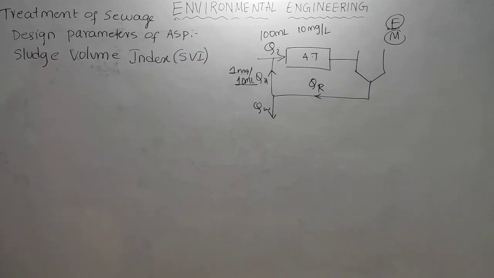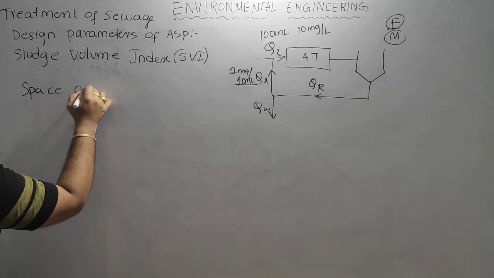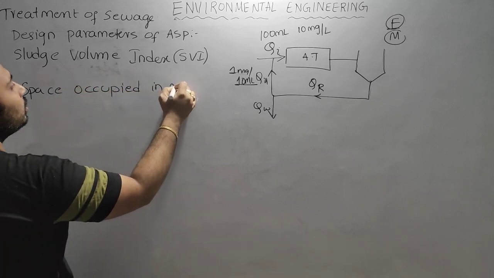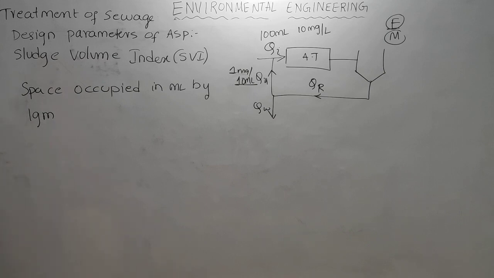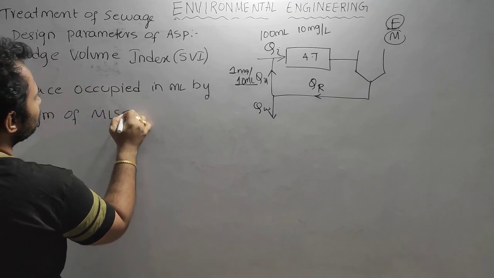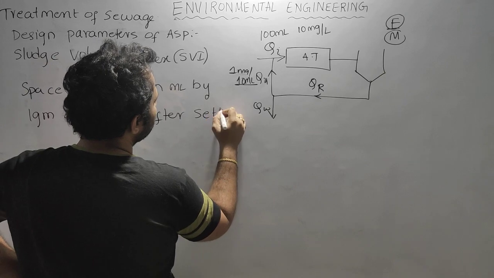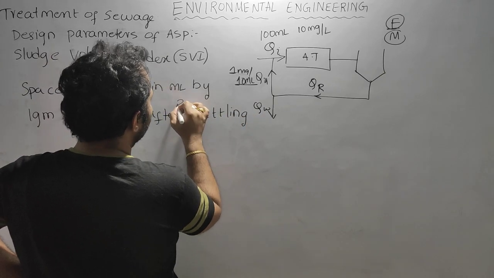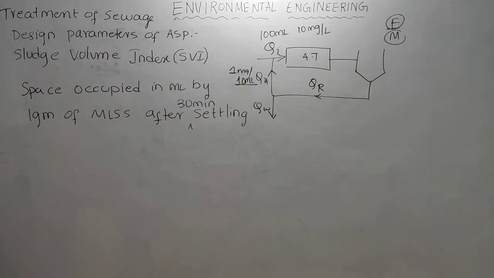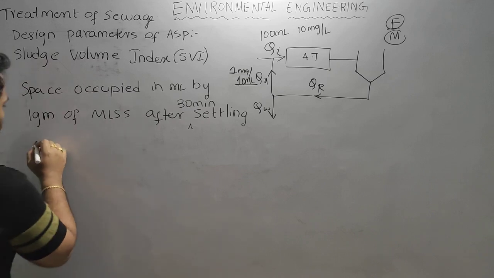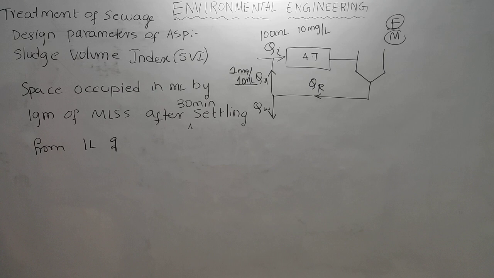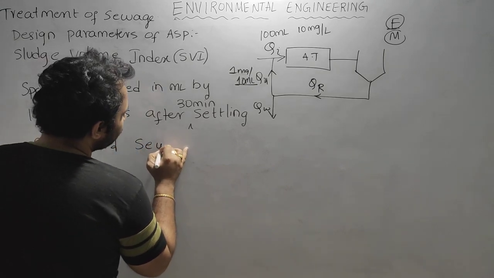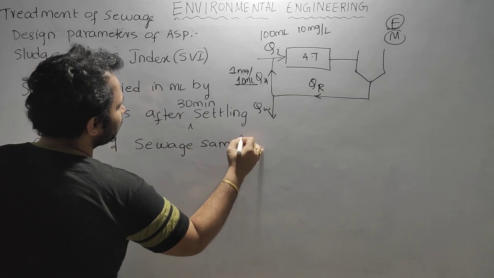This is the space occupied, in ml, by 1 gram of MLSS after 30 minutes of settling from 1 liter of sewage sample. So this is nothing but the sludge volume index.